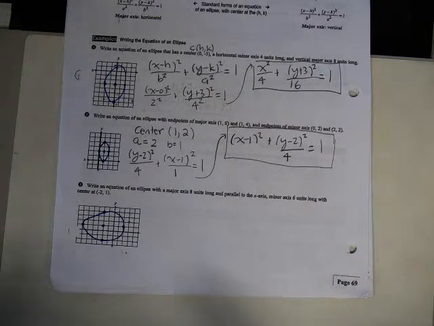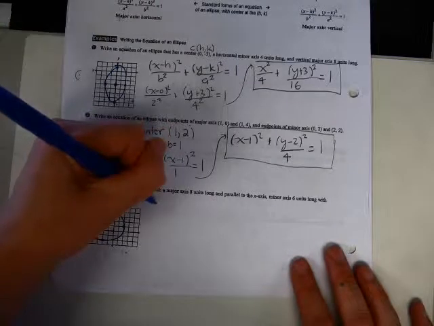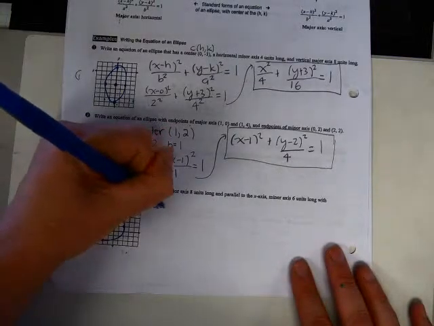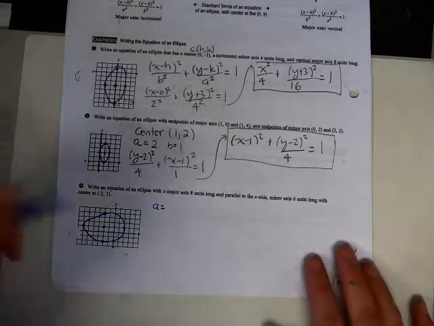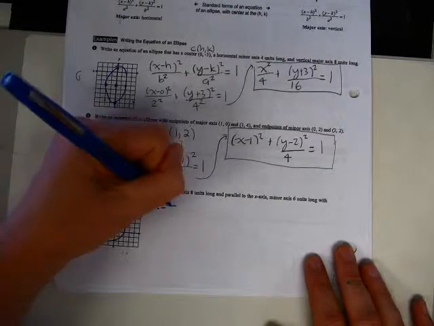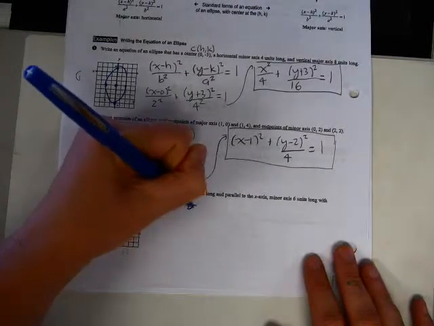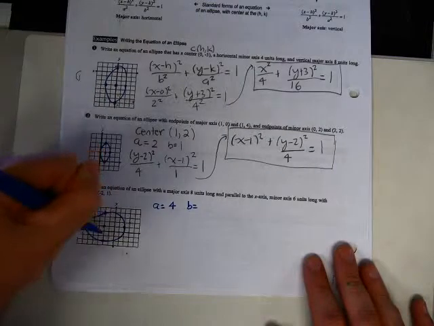And minor axis 6 units long, which means 3 above the center, 3 below the center. 1, 2, 3. Okay, not quite an ellipse, but it'll have to do.